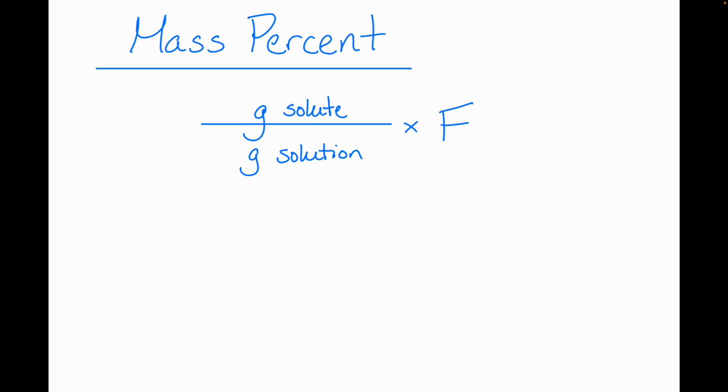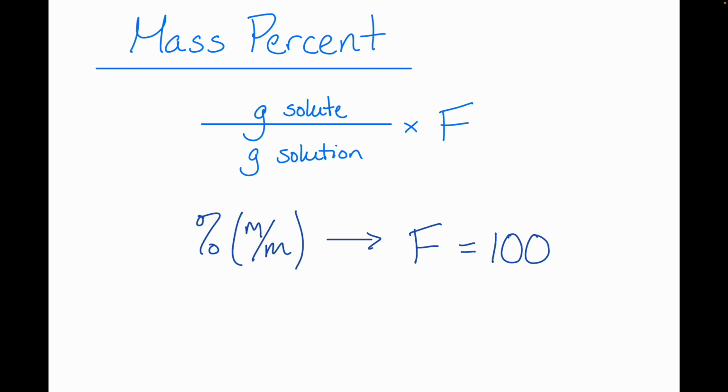The most common is what's called percent M over M, percent mass over mass. And then your value for F is just what you would expect for percentages, 100. So grams of solute divided by grams of solution times 100, that's what we call a percent mass over mass.